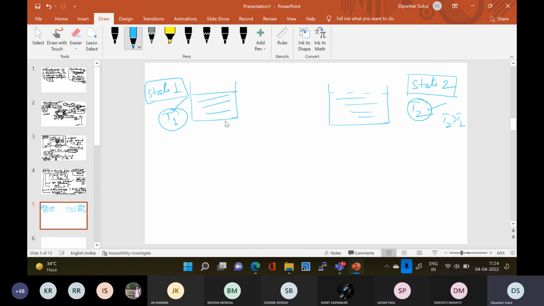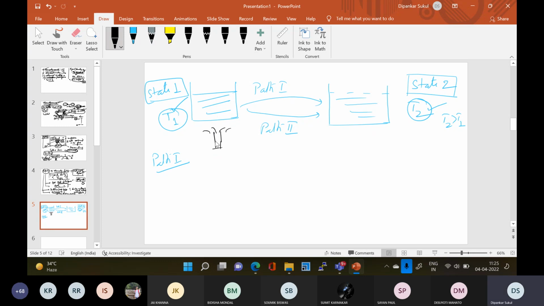Now, I can carry out this transformation by different paths. Path 1, path 2. In path 1, suppose I have put a Bunsen burner here.